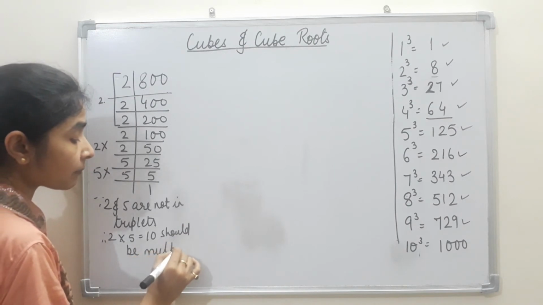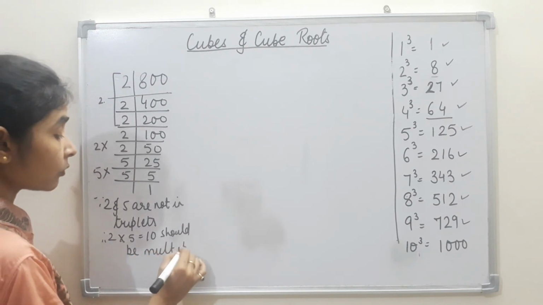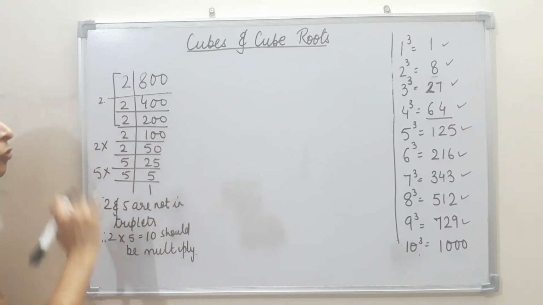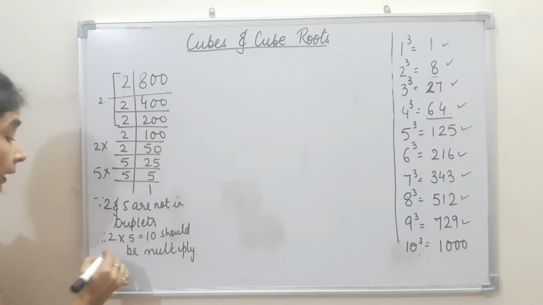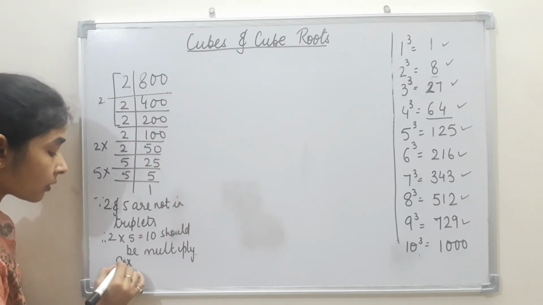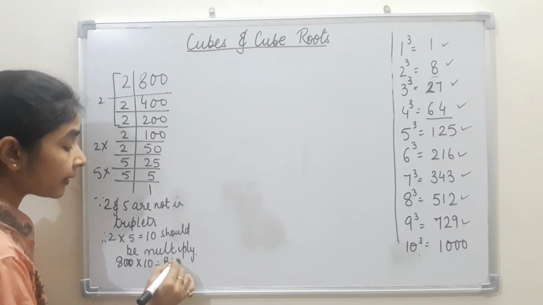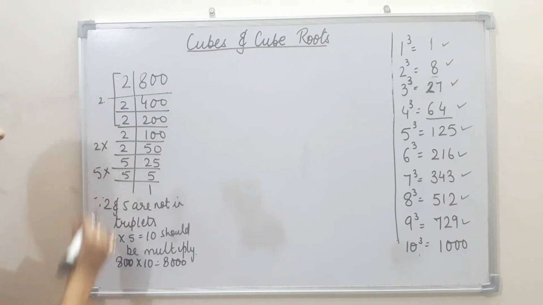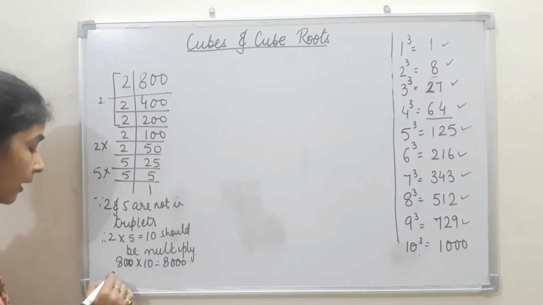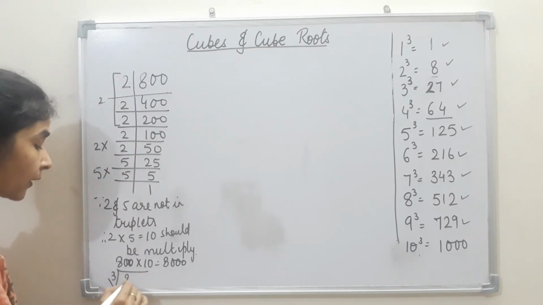Now, if we multiply 10 to this number, then what do we get? 800 into 10 gives us 8,000. And now we can calculate easily here itself and write the answer, cube root of 8,000.